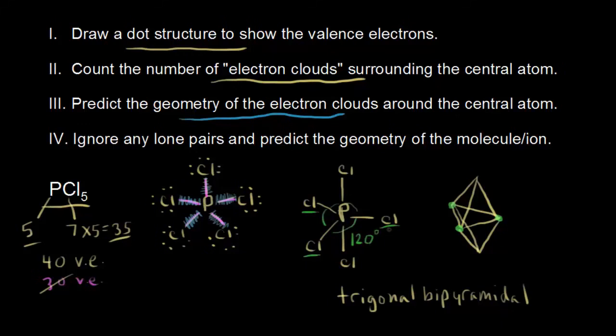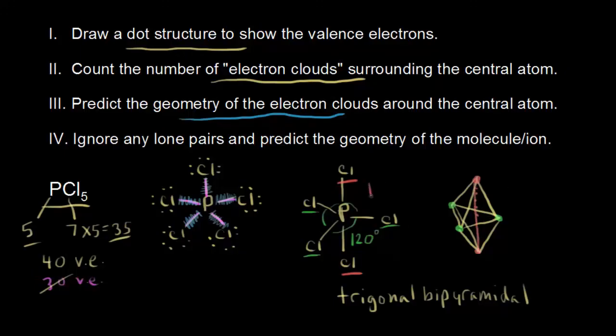All right, so same idea, those bonding electrons are going to repel each other. When we focus in on our axial chlorines, this one up here and this one down here, you could think about those as being here and here on your trigonal bipyramidal shape like that. And if you draw the axis, if you draw a line down this way, connecting those, it's easy to see those are 180 degrees from each other.